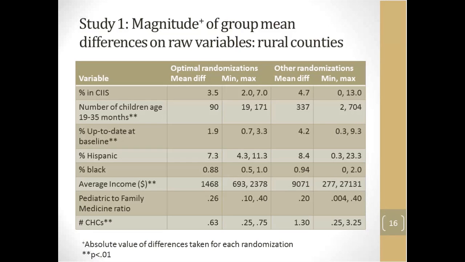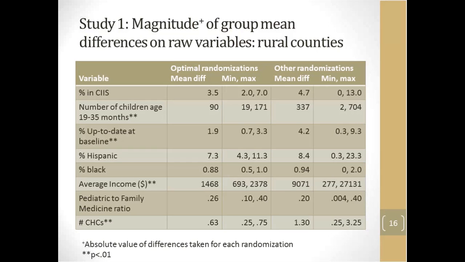Number of children ages 19 to 35 months. This was significantly improved in the optimal randomization set. The maximum difference in mean number of children per county in the optimal randomization set was 171, where it was 704 in the other randomizations. This is for rural counties.